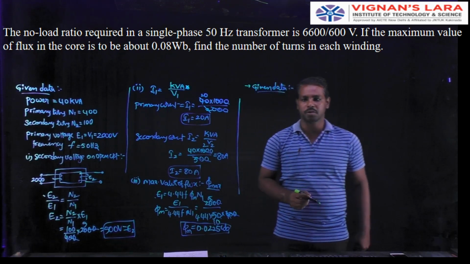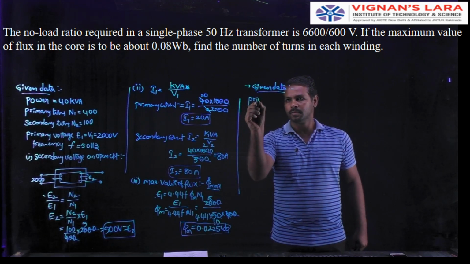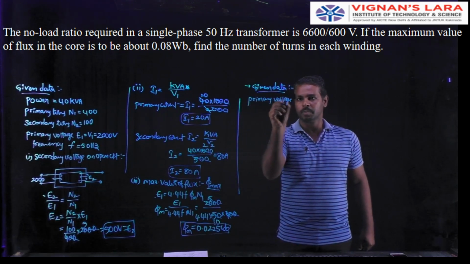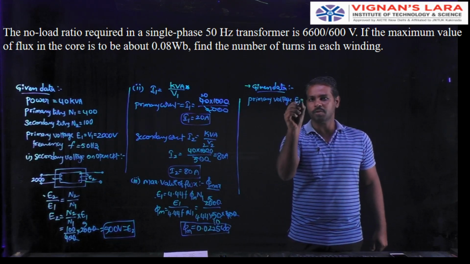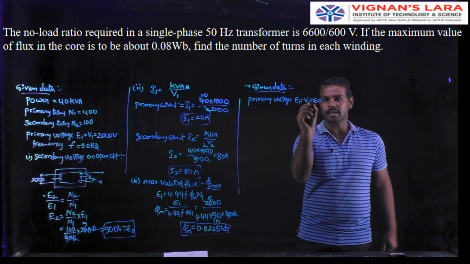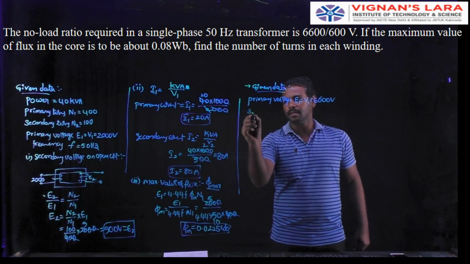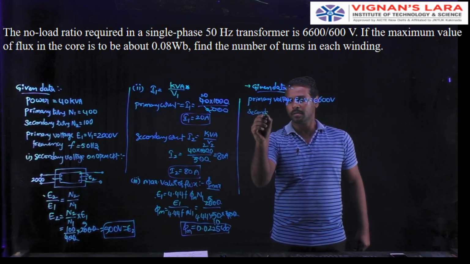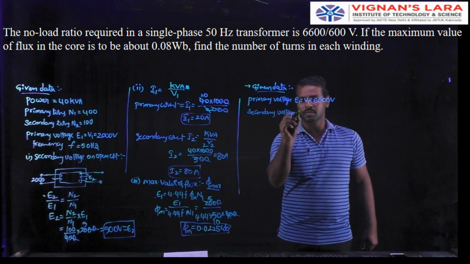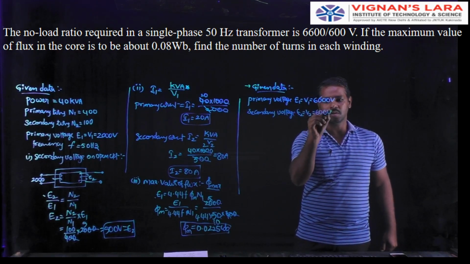Primary voltage E1 is equal to V1 is equal to 6600 volts. Secondary voltage E2 is equal to V2 is equal to 600 volts.